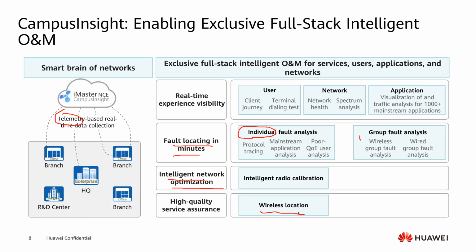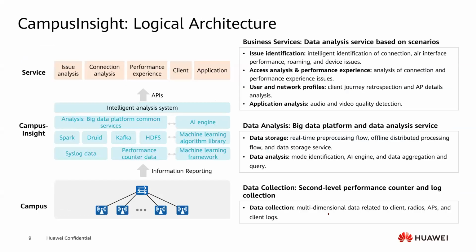You can use the wireless location function to locate users who have wireless terminals, and find the best path for them to go through places such as a shopping mall or a supermarket. We will talk about it later.